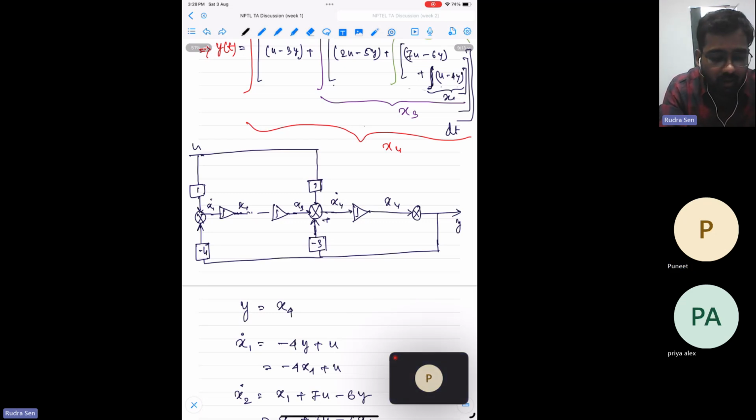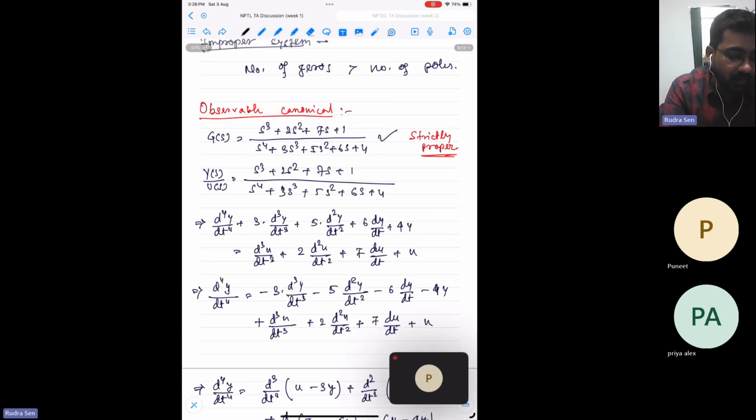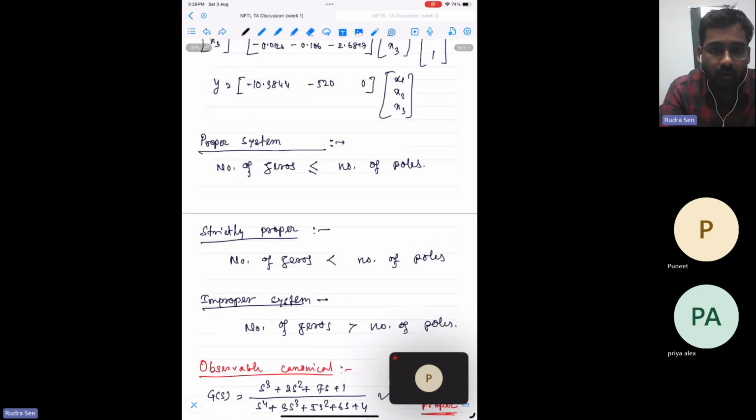Okay, as I told in the previous week, the controllable canonical form and the observable canonical form are basically known as companion forms. When we are talking about whether the system is controllable or not, or we need to design a controller, that's why we need the controllable canonical form.